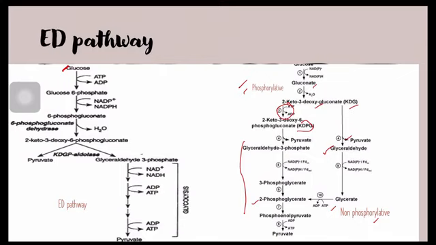This enters the glycolytic pathway and produces pyruvate. There is no involvement of ATP here, so no net ATP is produced. These phosphorylative and non-phosphorylative variations of the ED pathway are observed in the Archaebacteria.